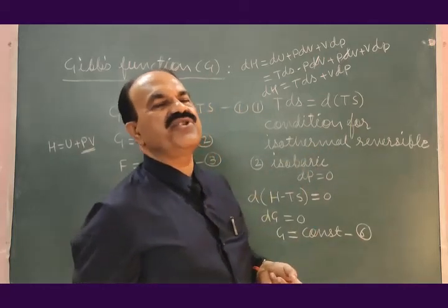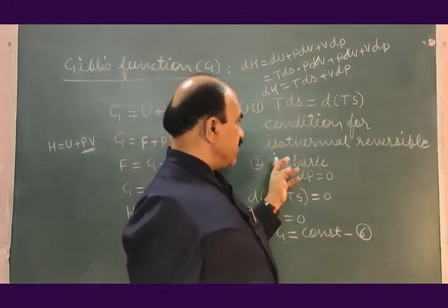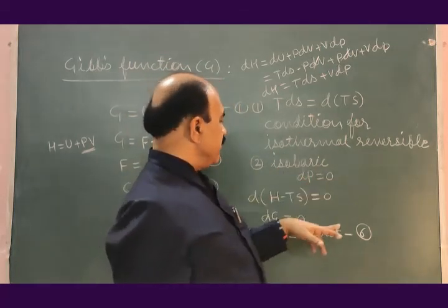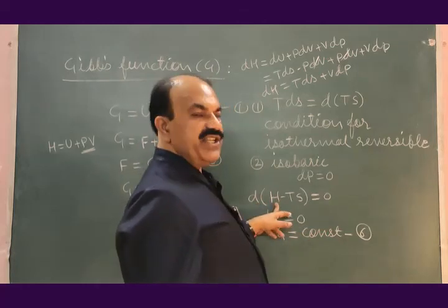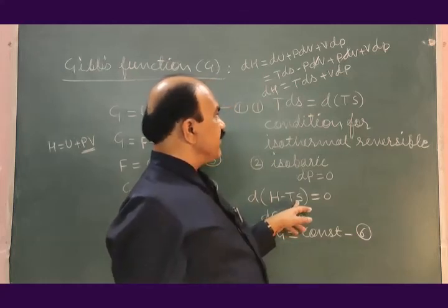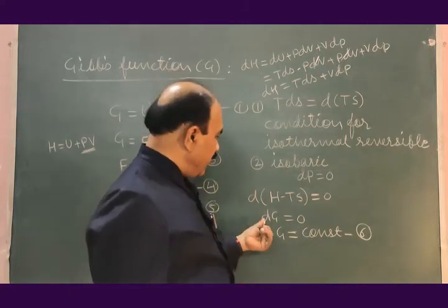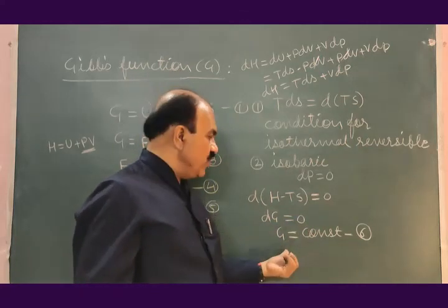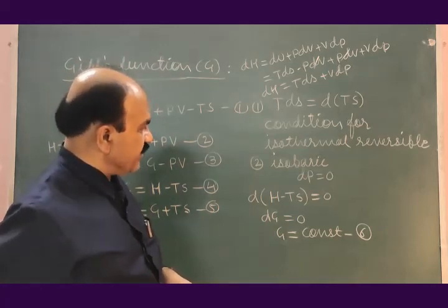Isobaric process, the process carried out at constant pressure, and therefore for isobaric, isothermal, reversible process, d of H is 0 and this TdS will be d of Ts, and therefore dG will be equal to 0 or G is equal to constant.